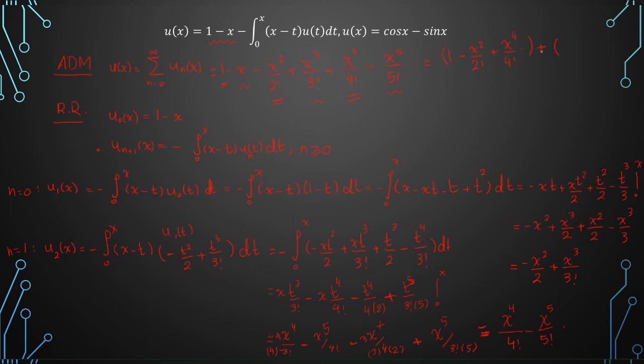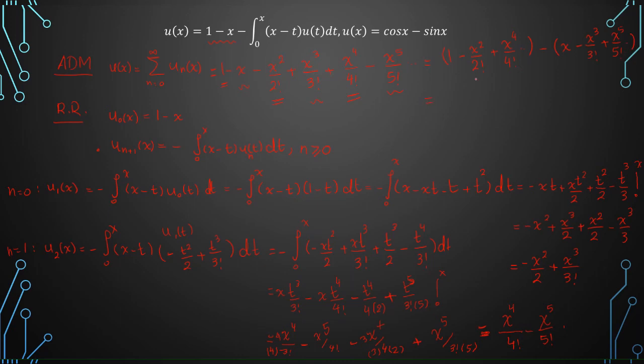So I want to put the minus outside, so minus x raised to 3 over 3 factorial plus x raised to 5 over 5 factorial, and so on.